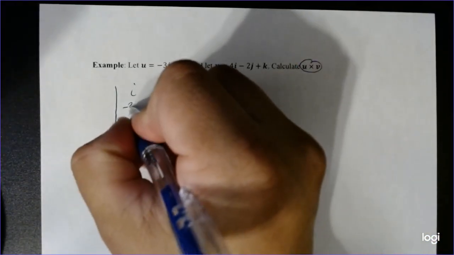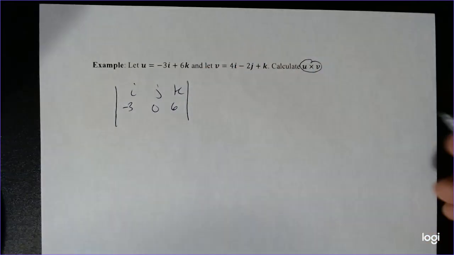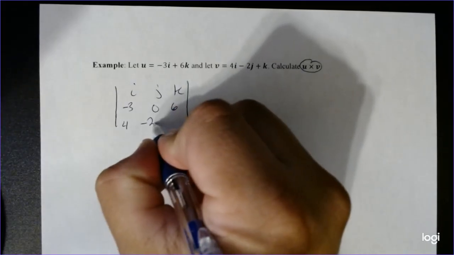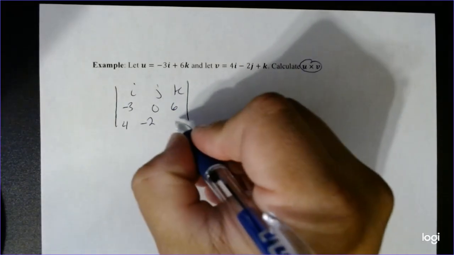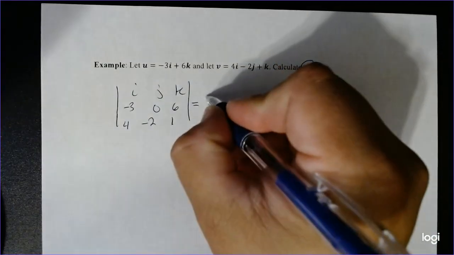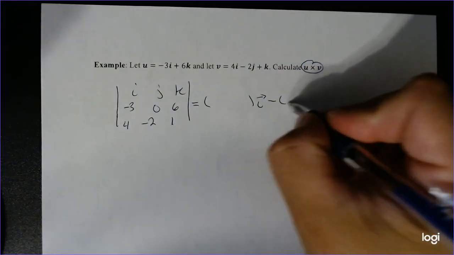I is negative 3. We have 0j and we have 6k, so just be careful. It has to have 3 components to it. And again, I just follow the same exact process.